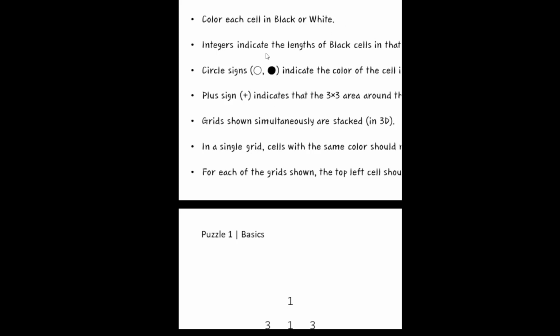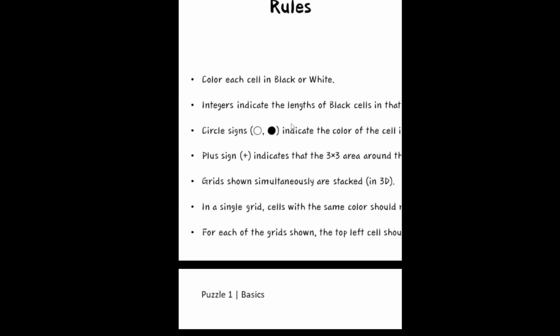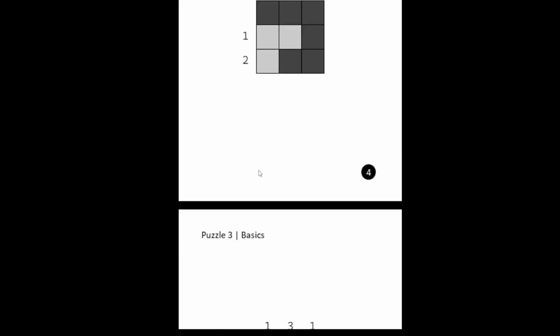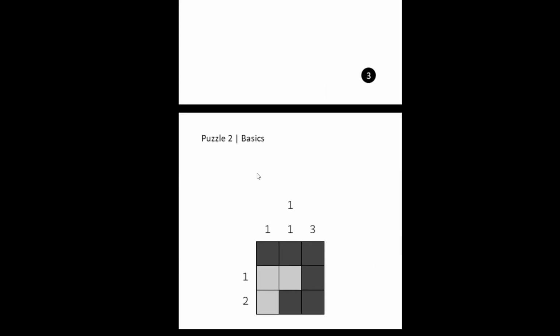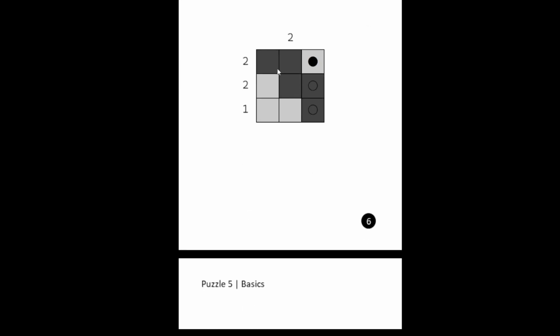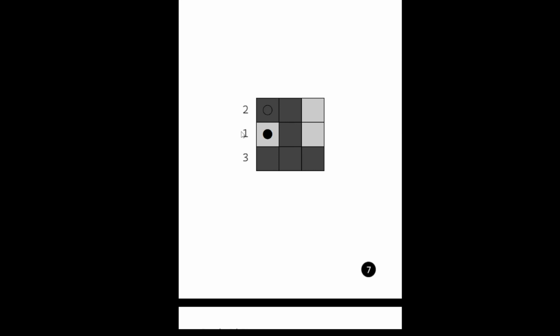And of course we're using gray for white. I believe that's standard for pencil puzzles, right? It starts out white like the paper, and then you use gray to indicate white. Plus sign indicates 3 by 3 area. Huh. Okay. 2, a little bit like a 3. Very much like a 1.